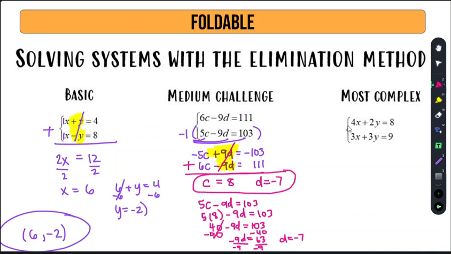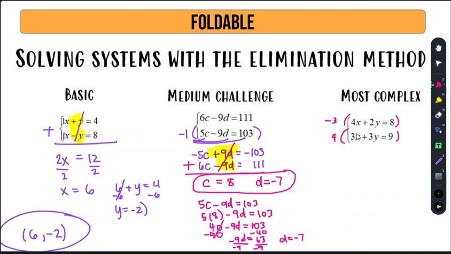So what that means is instead of just having to multiply one of the equations to get opposites, I'm going to have to multiply both equations by different numbers. Now, this is where you have a couple options, okay? If I wanted to eliminate my x's, an example could be I could multiply by -3 and +4.